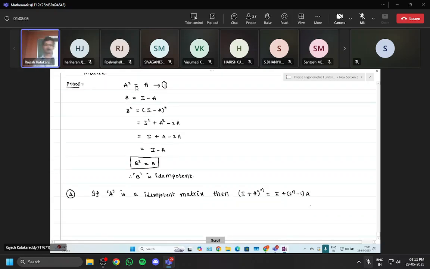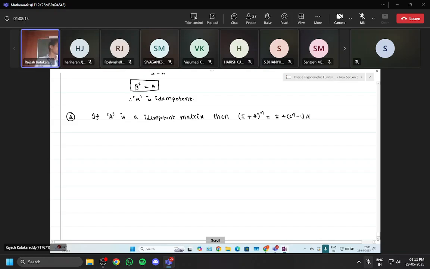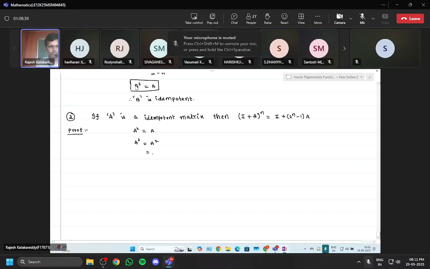If A is an idempotent matrix, then I plus A whole power n will be equal to I plus... everybody copied the previous one, no? Here, nothing much. We use the definition of idempotent. A square is equal to A. If A square is A, what is A cube? For that, multiply with A on both sides. A cube is equal to A square, which will be A itself. Now multiply with A on both sides again.